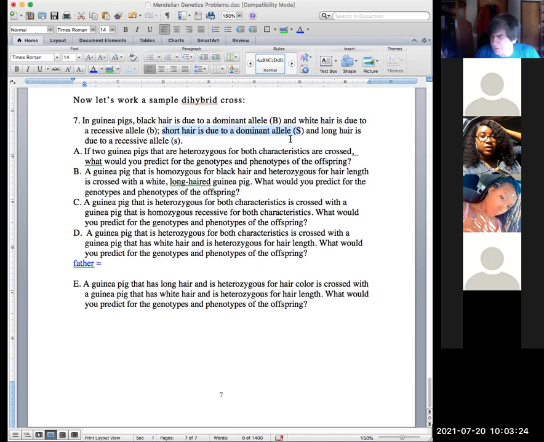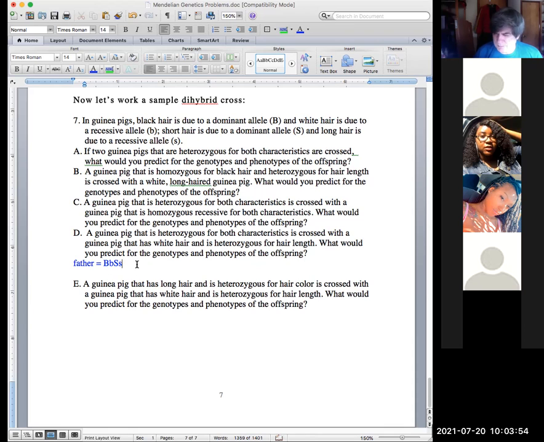Short hair is big S, dominant. Long hair is little s, recessive. So it doesn't tell us which parent is which, so we'll just arbitrarily make the first parent the father and the second one the mother. So a guinea pig that is heterozygous for both characteristics. So the father is big B, little b, big S, little s. So that's the father's genotype.